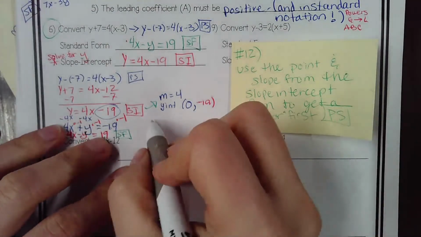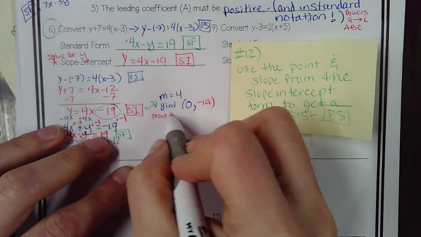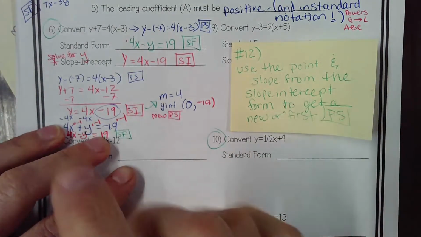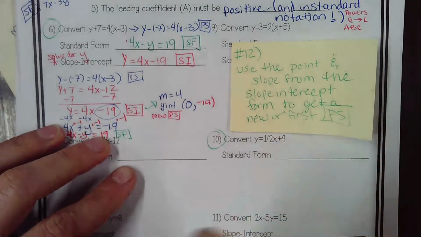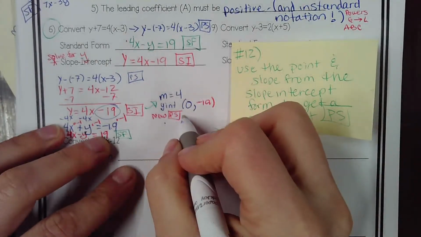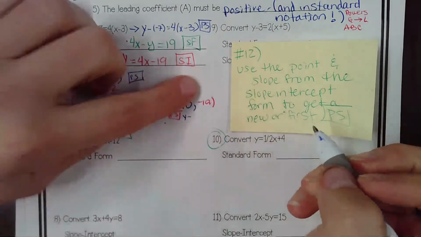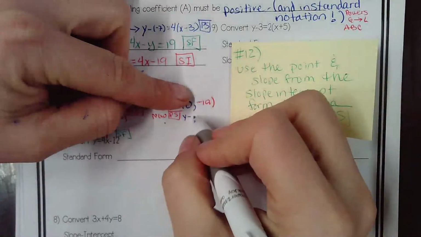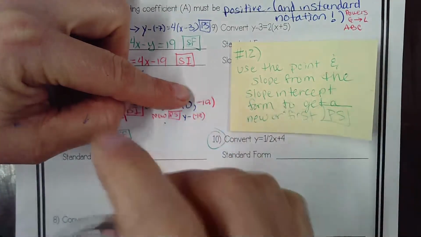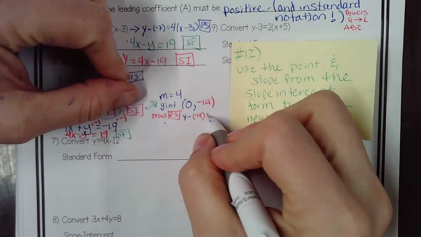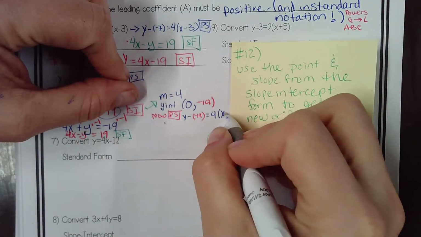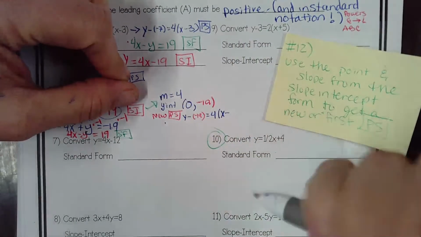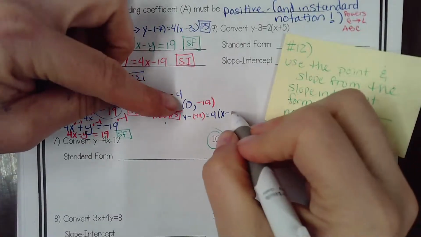So now I want my new point slope, which is y minus the y number equals m times x minus the x number.